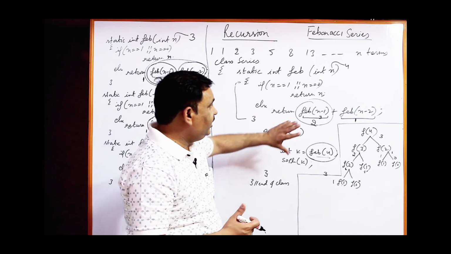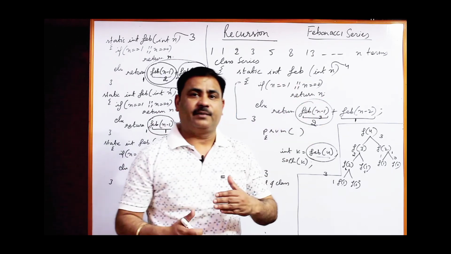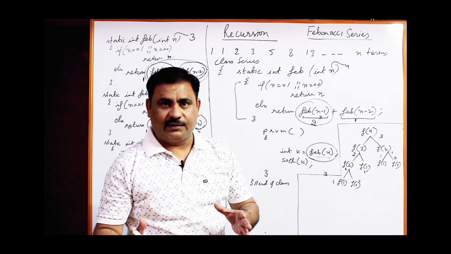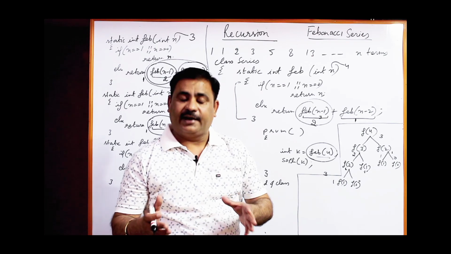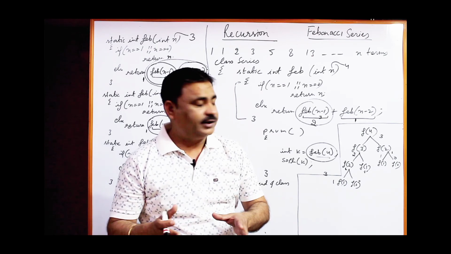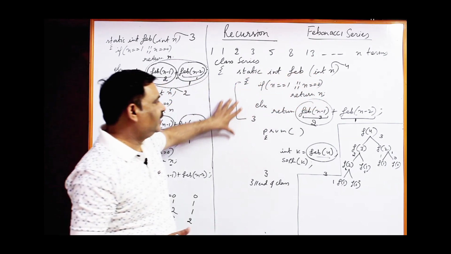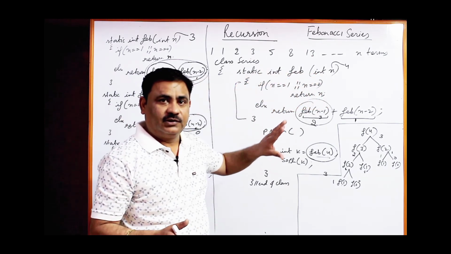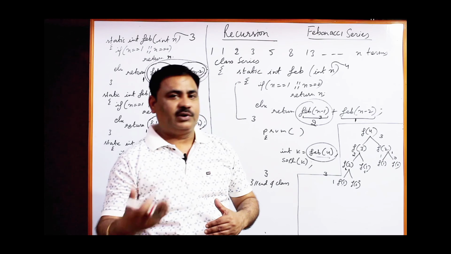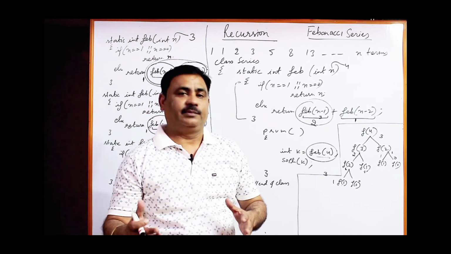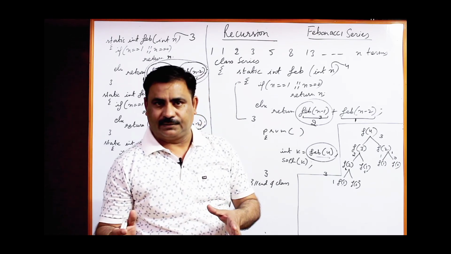But here, in each function call, new memory will be allocated which occupies space, and fresh memory will be allocated to its variables, which are declared either in the parameter or as local variables. So in each function call, new memory will be allocated. That's why it becomes slower and slower.